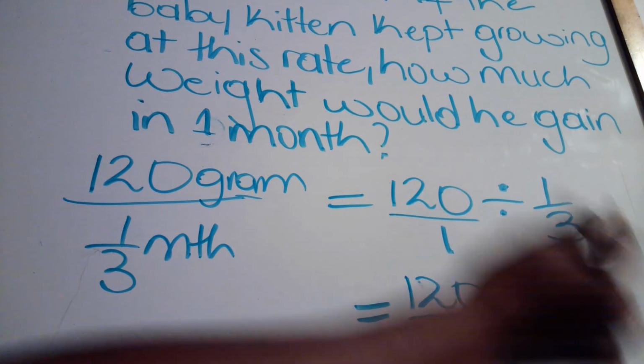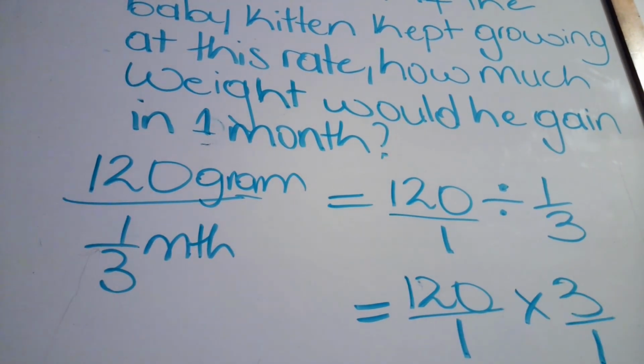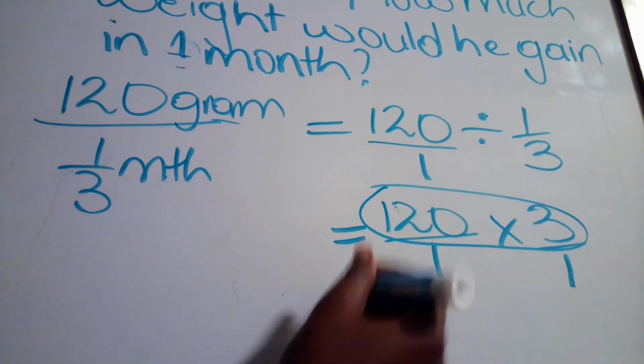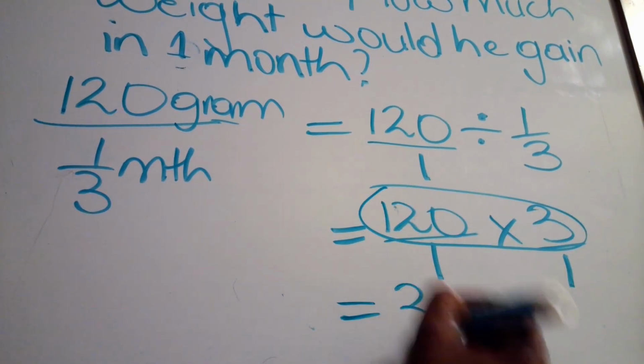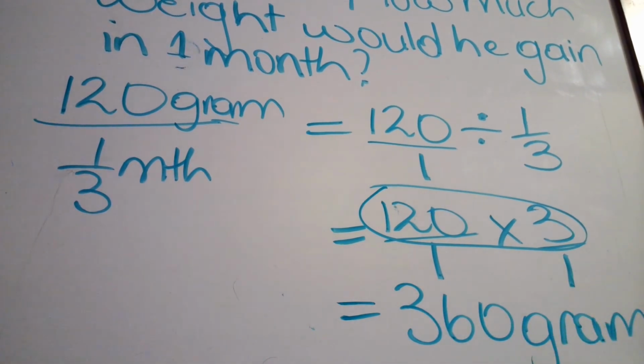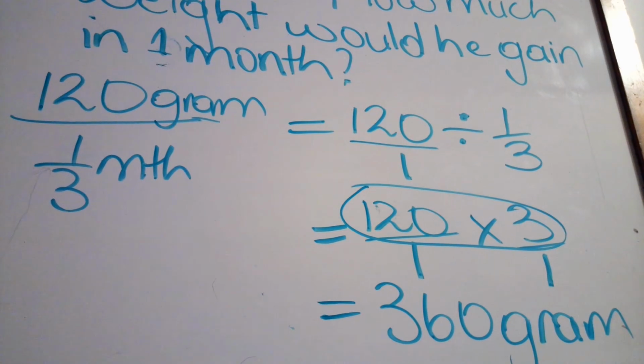Then you flip the fraction that follows the sign. That now becomes 3 over 1. When you're multiplying fractions, you multiply numerator with numerator and denominator with denominator. 120 times 3 gives me 360. So the baby kitten would gain 360 grams in 1 month.